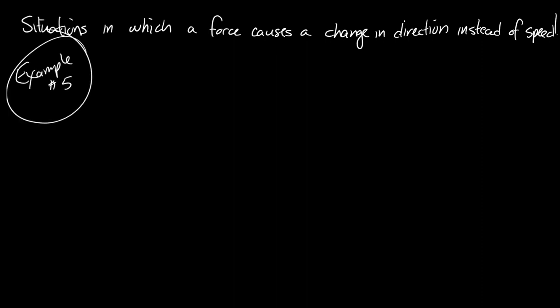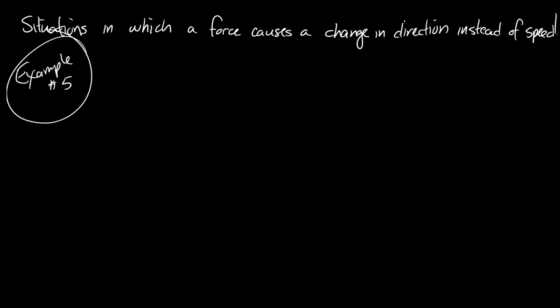What do we do when we have situations where we have a force that causes a change in direction and not speed? This sounds arbitrary, but it really isn't. In order for us to change something's direction without changing its speed, there's only one way to do that.